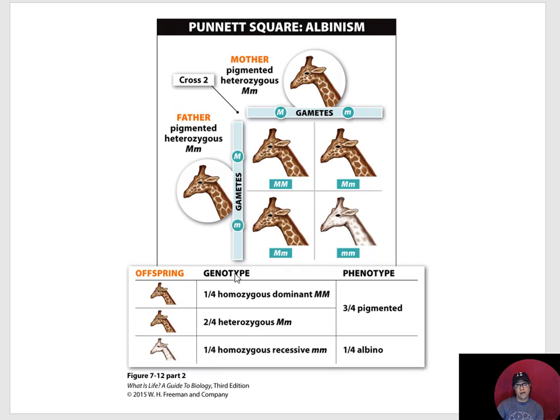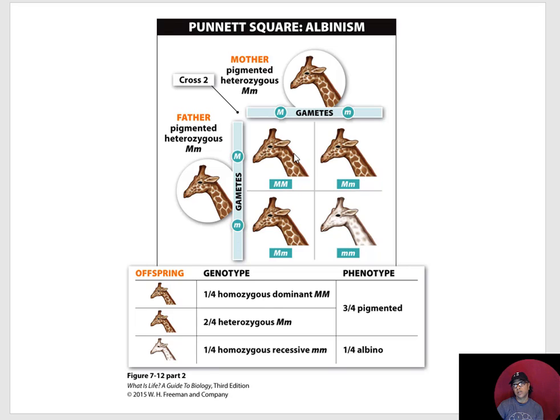Here, again, a question may be, what fraction of the offspring will be homozygous dominant? So now it's asking you for a fraction. So you're stating it in the same way. So 1/4 of the offspring will be homozygous dominant, because now it's asking you for the genotype.